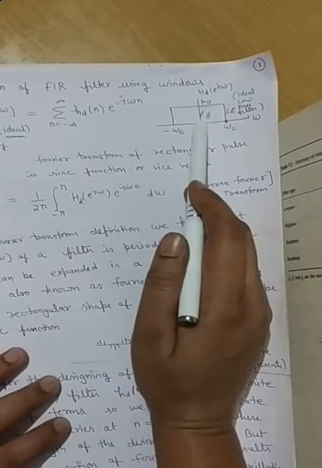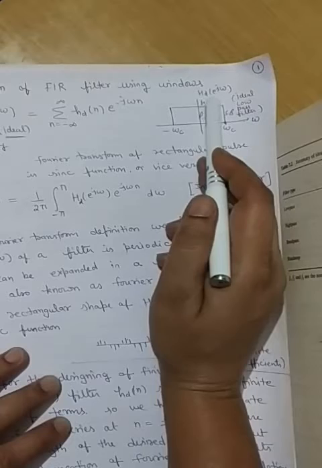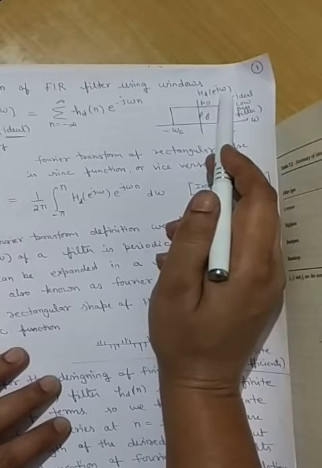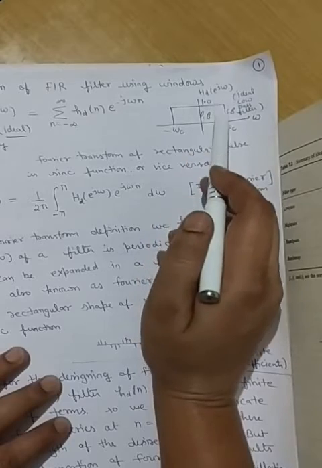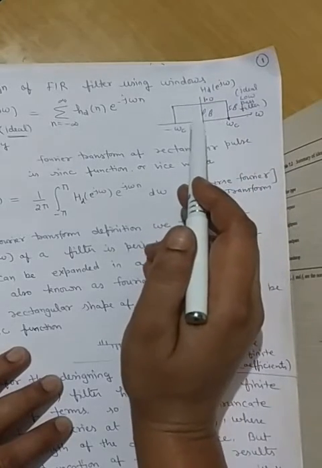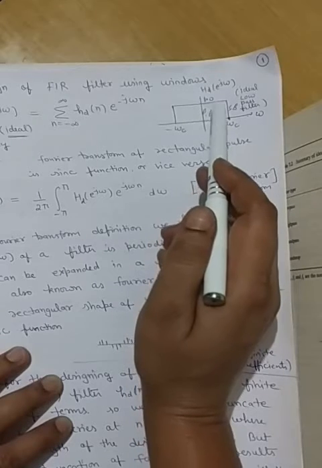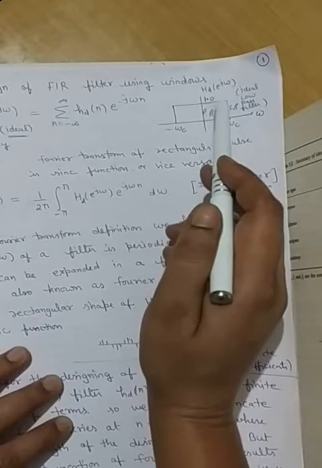And this particular frequency response is termed the desired frequency response because it is in actual what you desire whenever you go for the designing of a filter. If you want to design a low pass filter, you want the clear demarcation between the pass band and stop band.